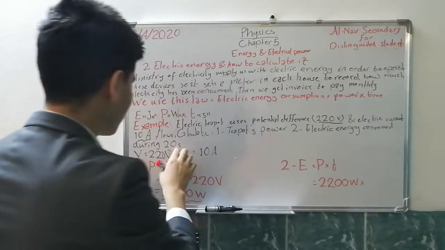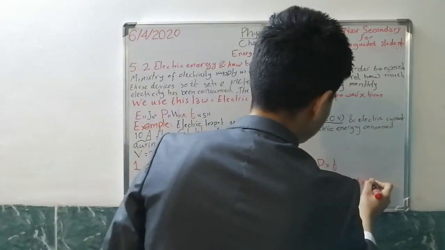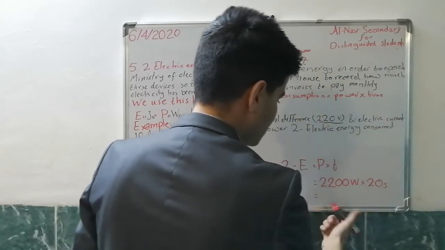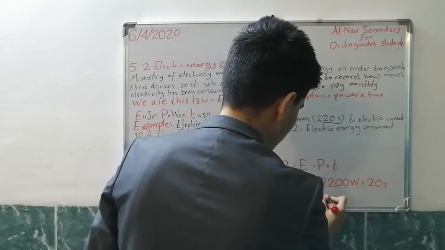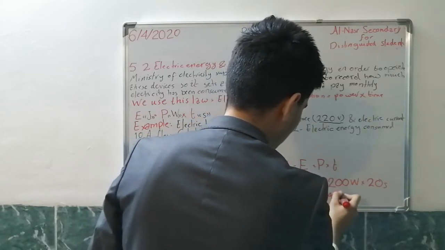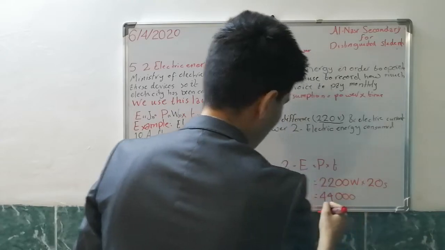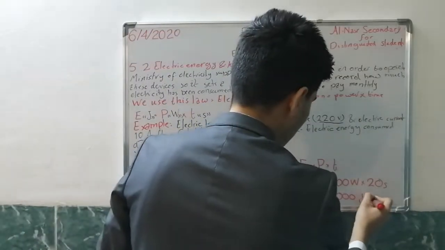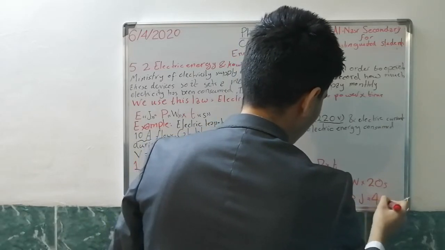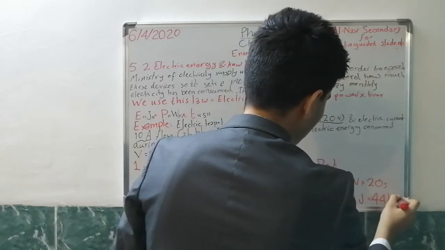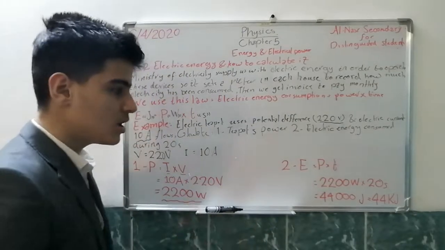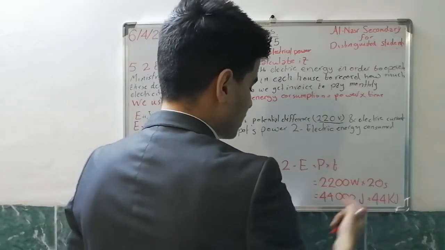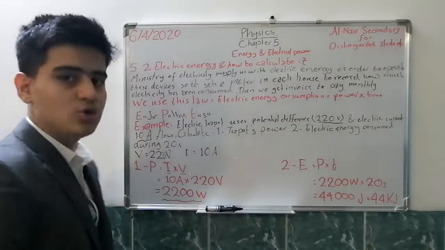How much time? 20 seconds. So by multiplication we get 44,000 joule, which equals 44 kilojoule. Why? Because 1 kilojoule equals 1000 joule.